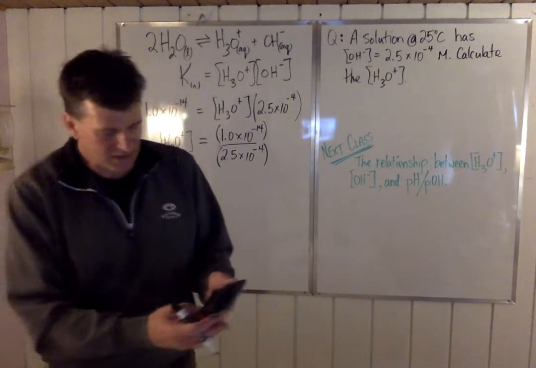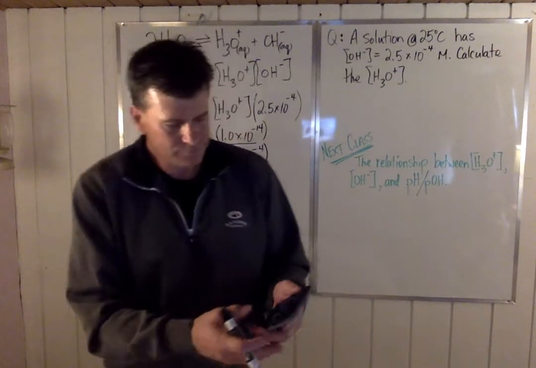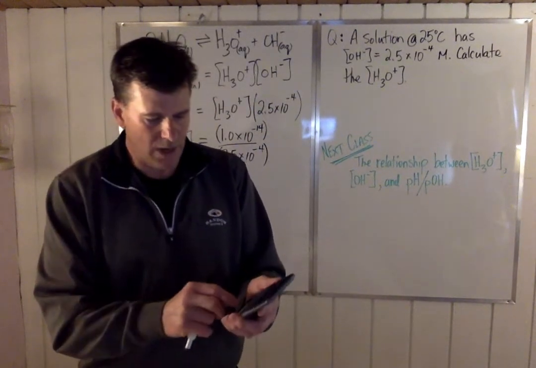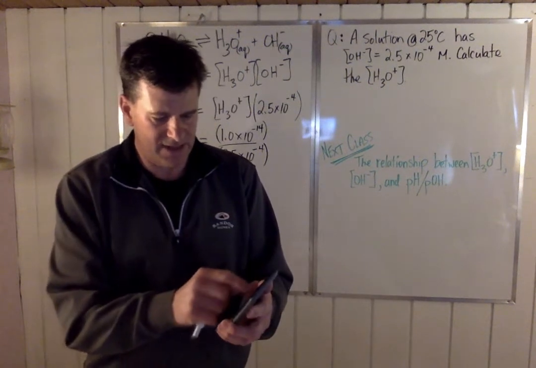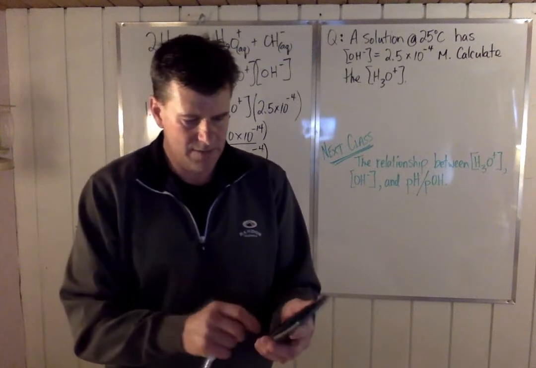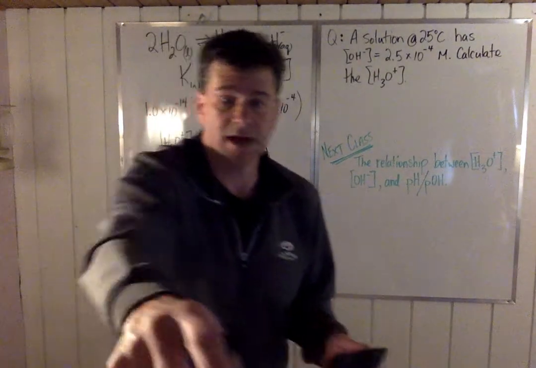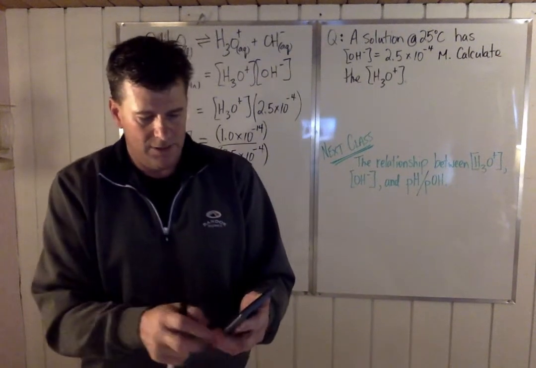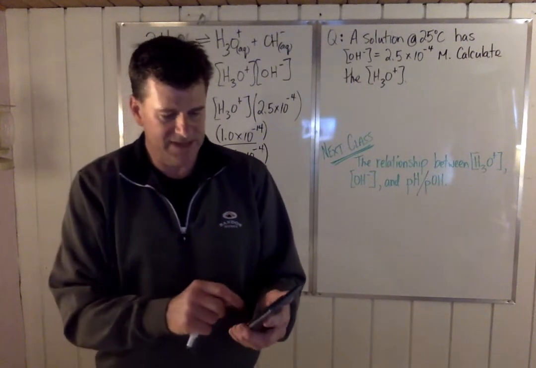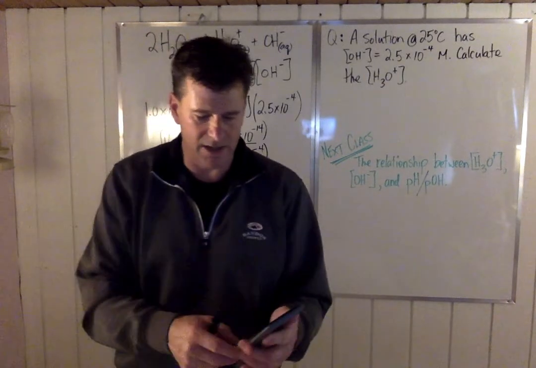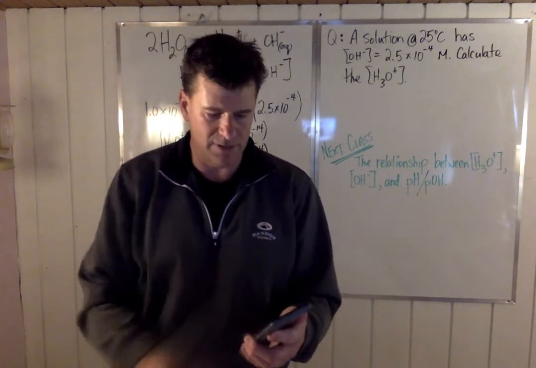So on my calculator, I have a scientific notation button. So I go 1 times 10 to the negative 14, divided by, and then I put a bracket, because this calculator is kind of weird for me. 2.5 times 10 to the negative 4, then I close the bracket so that it knows that I'm doing that.